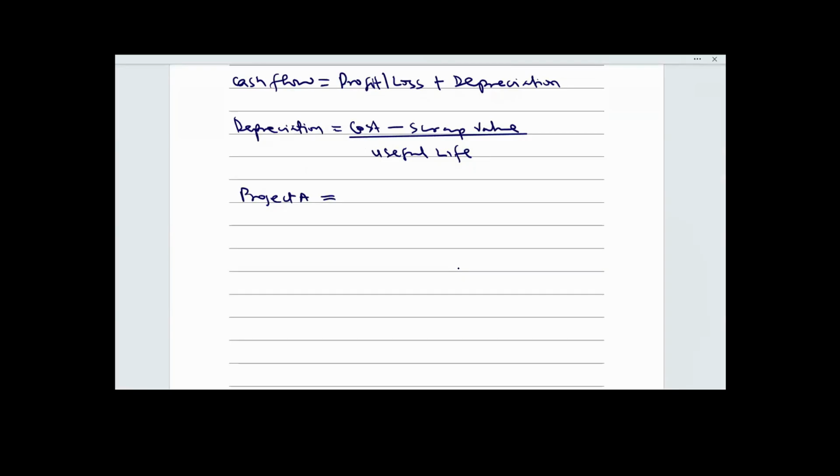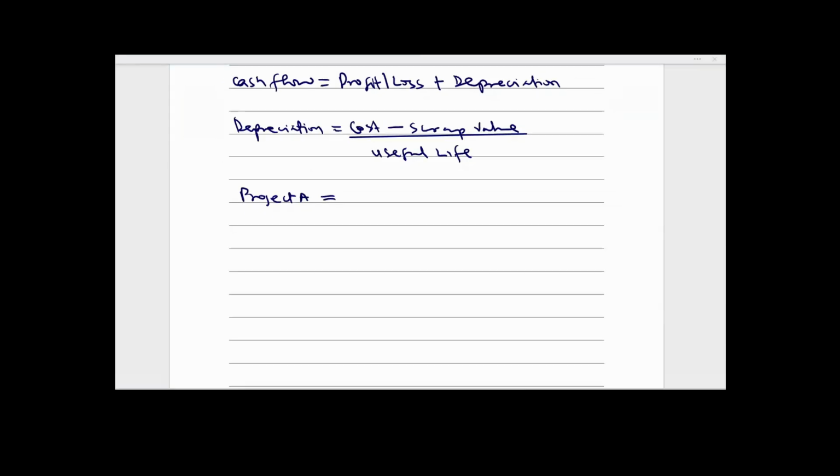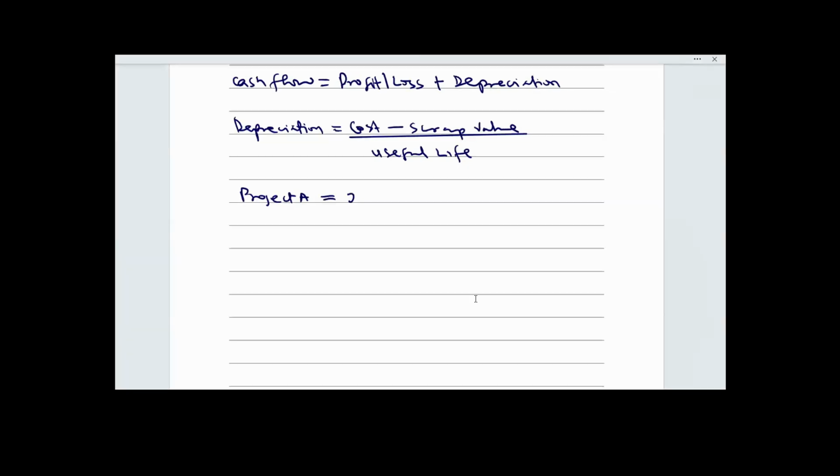Give me the number, please, so that I don't need to be switching between pages. Chidima, I need you to be my partner on this question, so you'll be giving me the information that I need. What's the initial outlay of project A? 200,000. 200,000 is the cost of project A. Minus, what's the scrap value of project A?